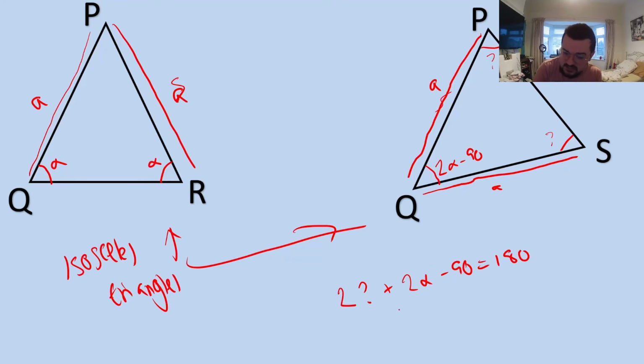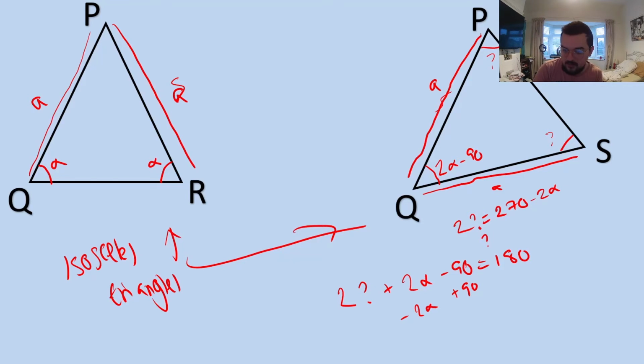Now let's simplify and solve for the question mark. So let's take 2 alpha minus 90 off both sides. We have to add 90 to both sides and subtract 2 alpha from both sides. So what we're left with is 2 lots of our unknown angle equals 270 minus 2 lots of alpha.